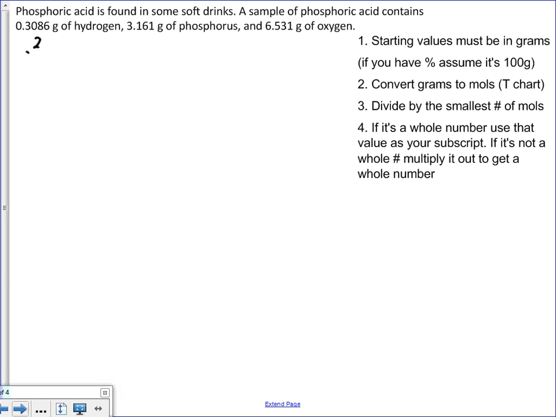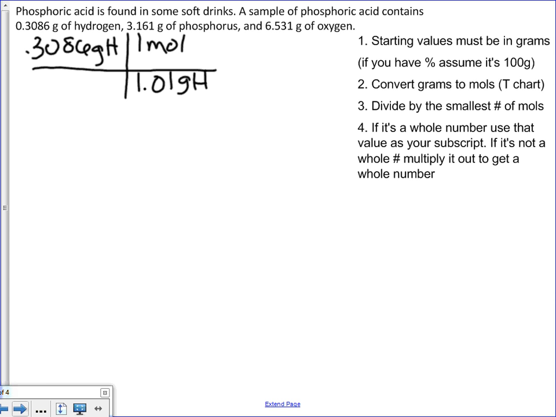So 0.3086 grams of hydrogen. If we look on the periodic table, the mass of hydrogen is 1.01, and that's equal to 1 mole. So we plug this into our calculator, we get 0.31 moles.